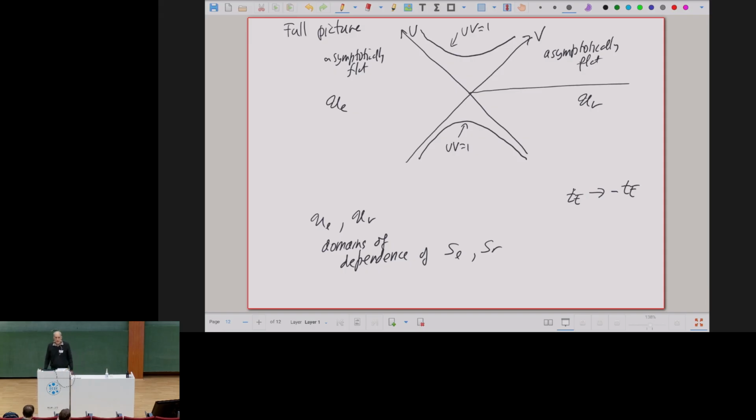Well, the symmetry t_E going to minus t_E in these coordinates, I hope I've got it written down. It's something like u going to minus v. But in any case, whatever the formula is, the fixed point set is that horizontal line in the picture.